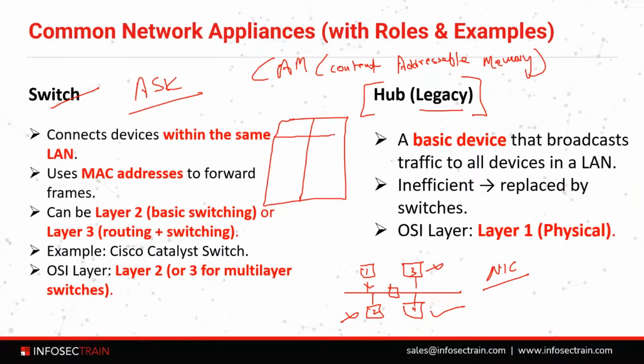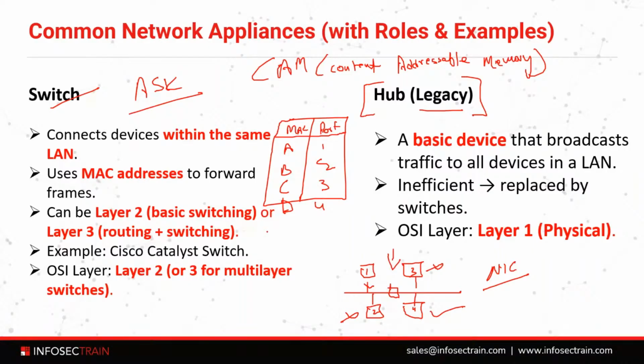Now in this table, it's written the MAC address and port number, right? MAC address A, port number 1; MAC address B, port number 2; MAC address C, port number 3; MAC address D, port number 4, right? So if device 1 wants to send data to device 4, what will happen if there is a switch in between?